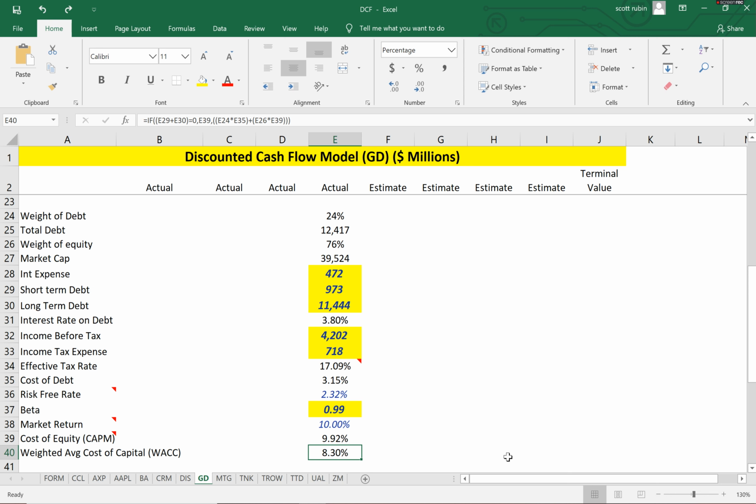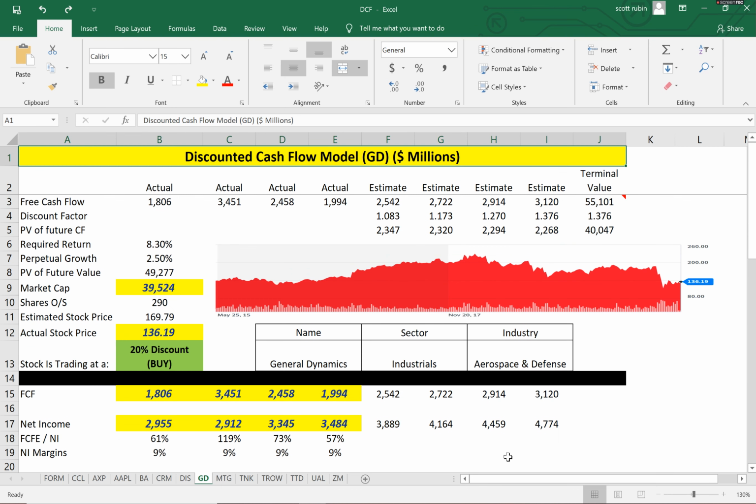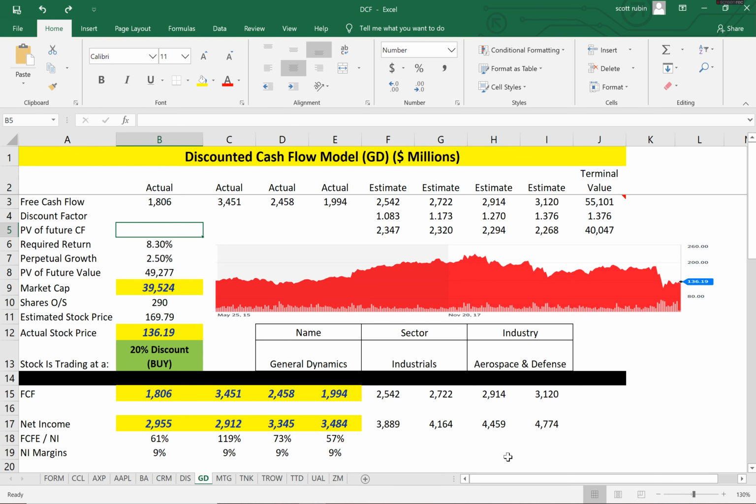We blend those together and it's 8.3% weighted average cost of capital, or the WACC. And that's how we discount the cash flows for this company. We use the WACC, because that's how much it costs this particular company to get money, 8.3%.